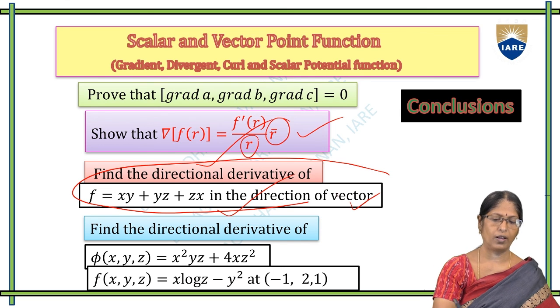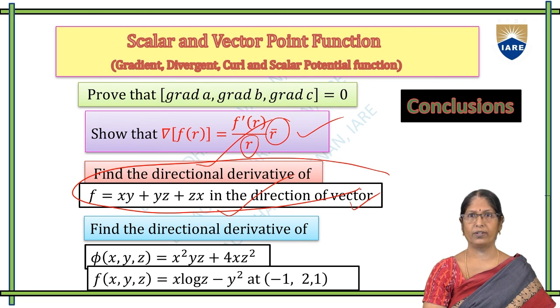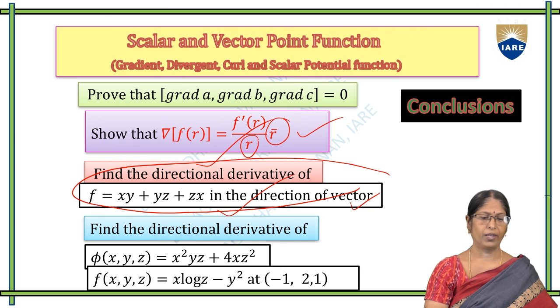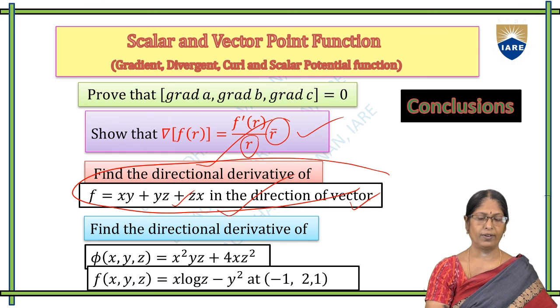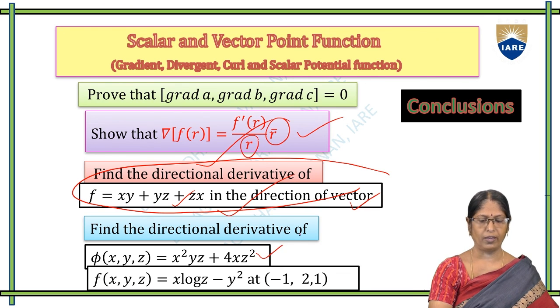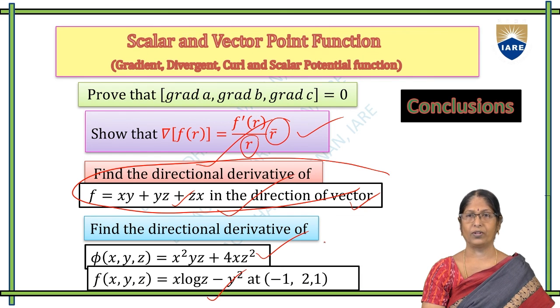Here, the directional vector we found. One more problem, where only one function is given. Next we concentrated on a different directional derivative, where two functions are there, phi is one function, f is another function. A different problem to understand directional derivative more.